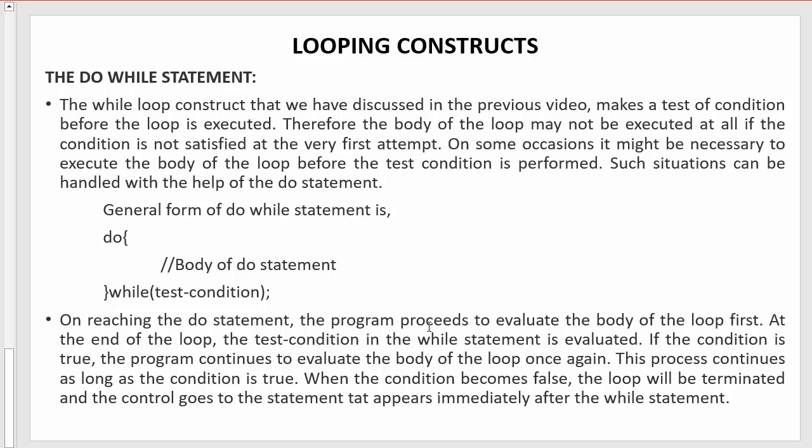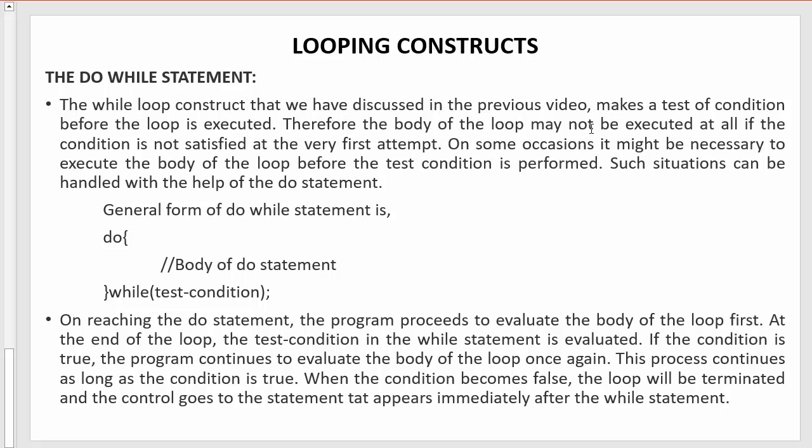Now let us start our discussion on this looping construct, which is the do while statement. The while loop construct that we discussed in the previous video tests the condition before the loop is executed. In the while loop, the test condition gets evaluated first and then the body of the loop gets executed.